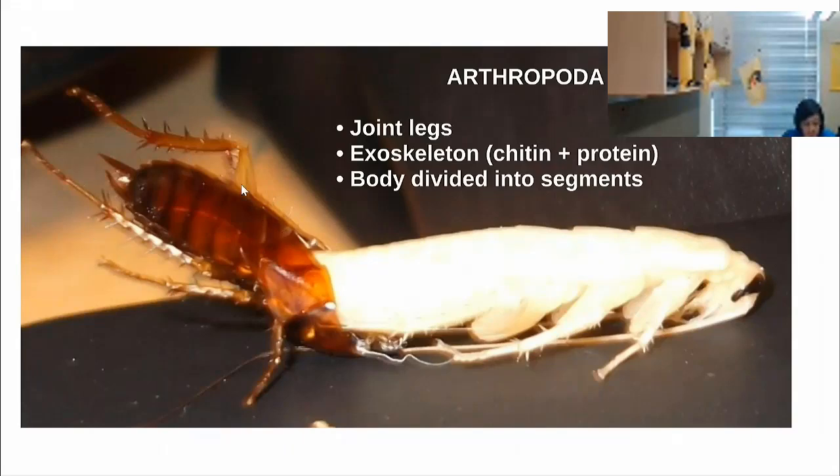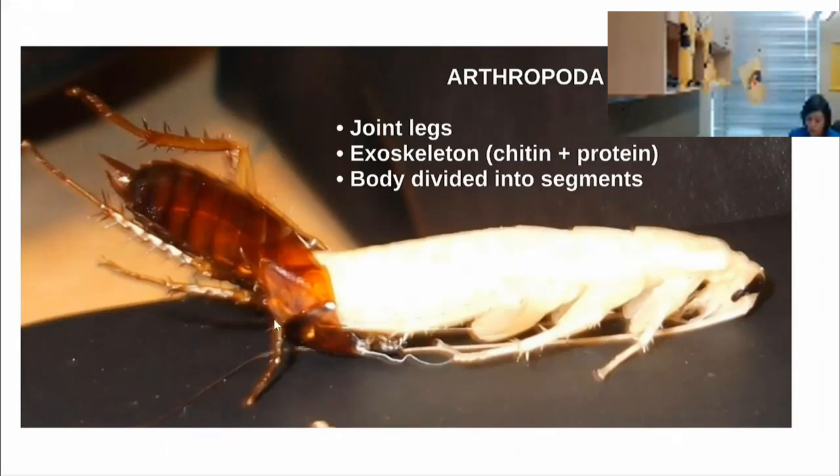The exoskeleton also prevents the arthropods from losing water from their body to the environment. And can you see these spikes here? These spines, they can feel the pressure in the air and the vibration in the environment. So the exoskeleton also provides that.